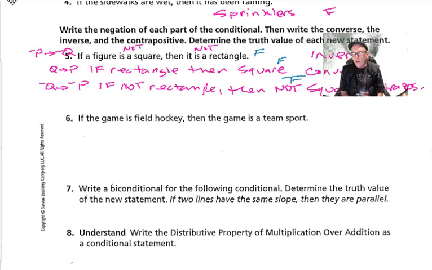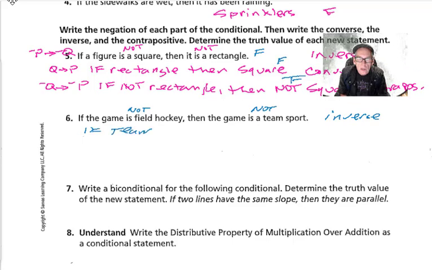Okay, so field hockey is a team sport. So if the game is not field hockey, then it's not a team sport. That would be the inverse. The converse then would be, if it's a team sport, then it's field hockey.